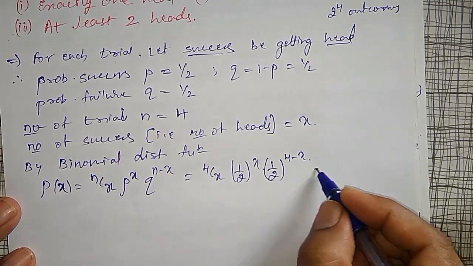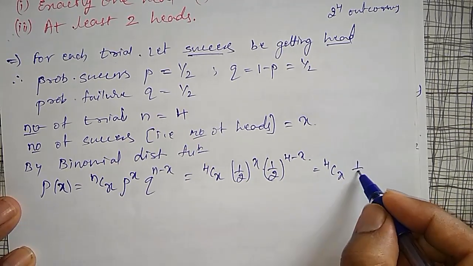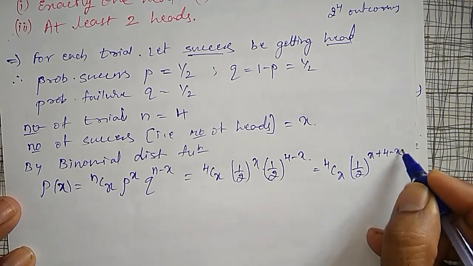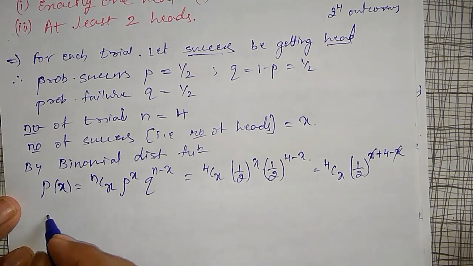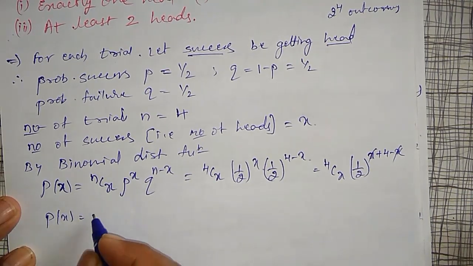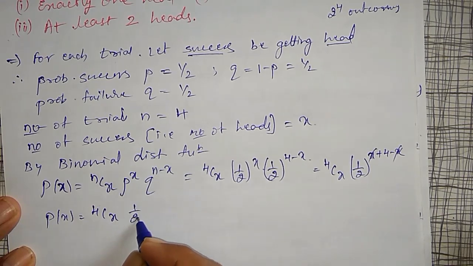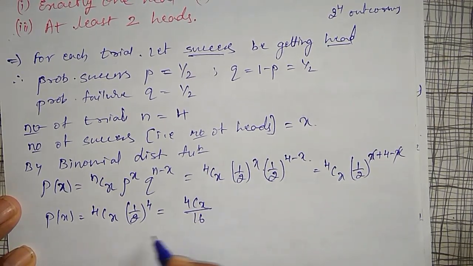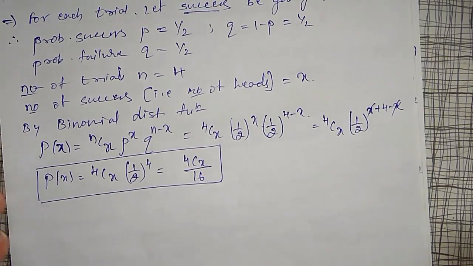Simplifying this, the bases are same, therefore 1 by 2 raised to x plus 4 minus x, the x cancels, therefore p of x is 4Cx into 1 by 2 raised to 4. 1 by 2 raised to 4 is 1 by 16, therefore 4Cx divided by 16 is my probability of x successes.